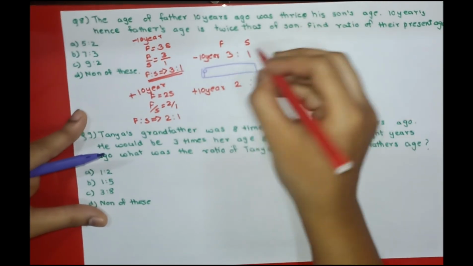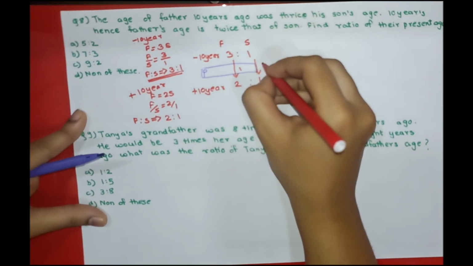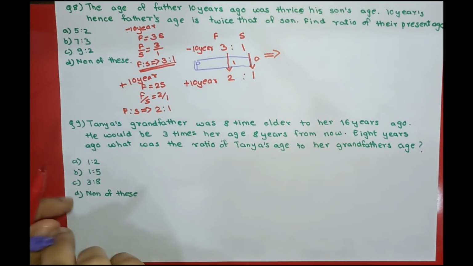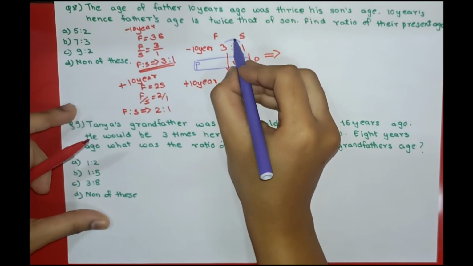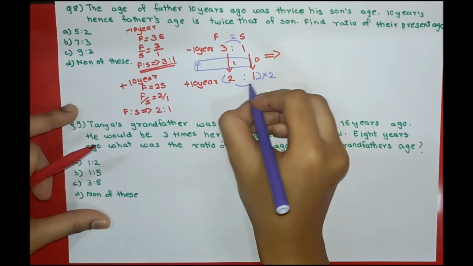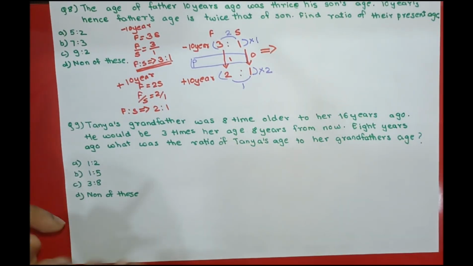Now let's take the difference. Here the difference is 1 and here the difference is 0. So we cannot directly equate this term. So what we have to do is take the difference of the above term and multiply it with the bottom terms, and take the difference of this bottom term and multiply with this above terms.